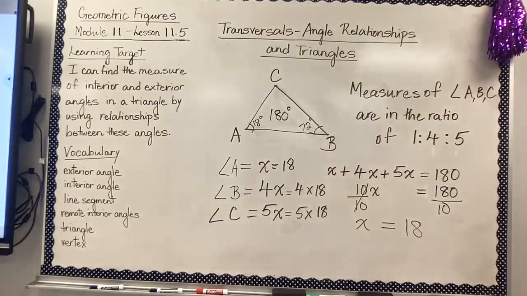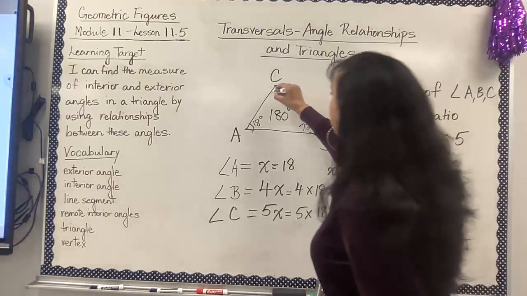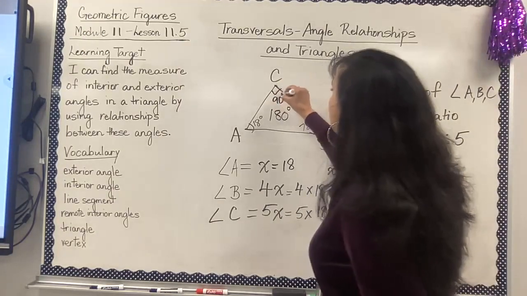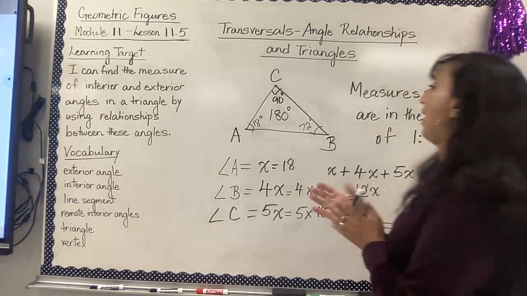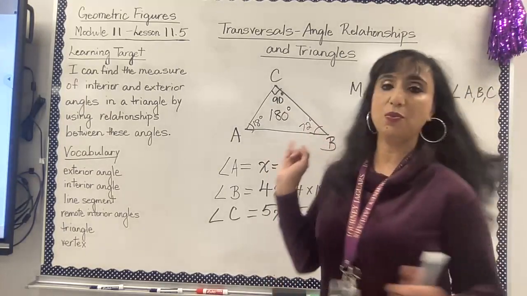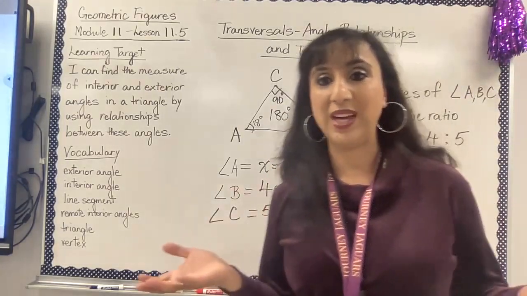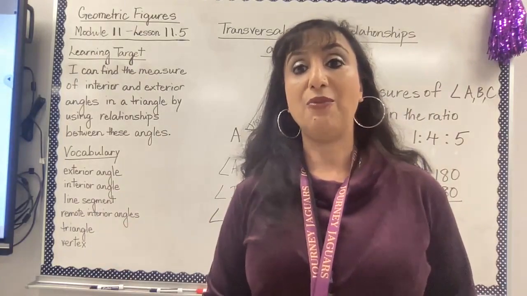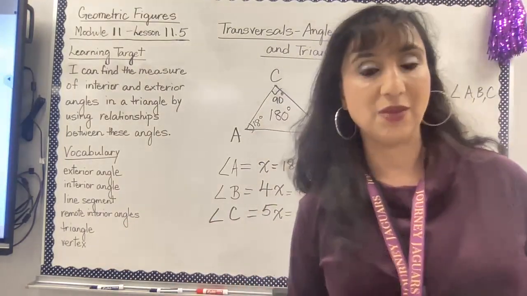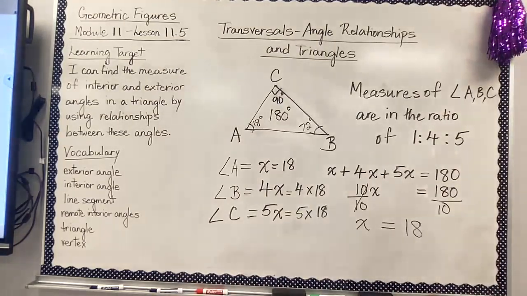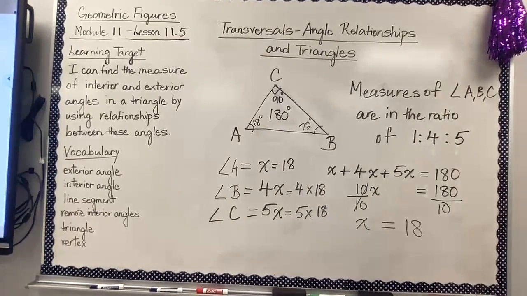Angle C is 5 times 18, which is going to give me 90 degrees over here. This is 90 degrees. All right. And so that's how I find all the missing values. Now, if I were to add 90 plus 72 plus 18, I will end up with 180 degrees, for you to check your work, whether you calculated it correctly or not. Okay. So that's how we find angle measures using ratios.